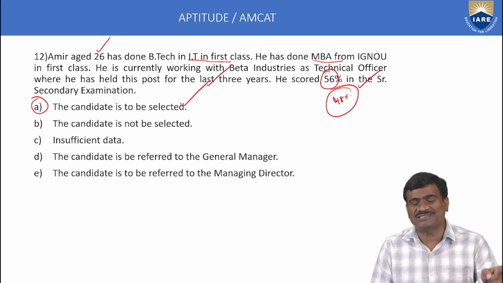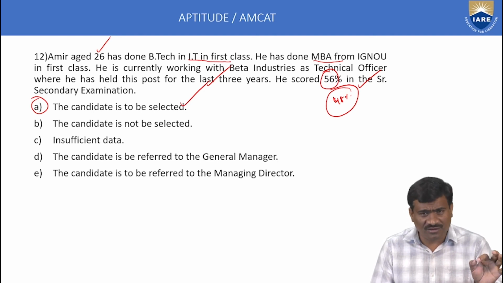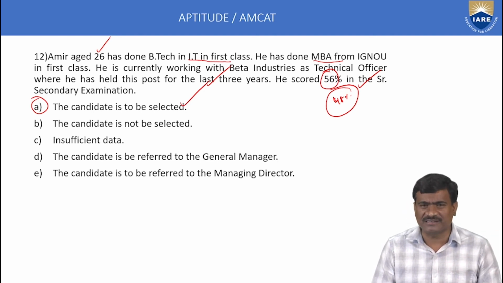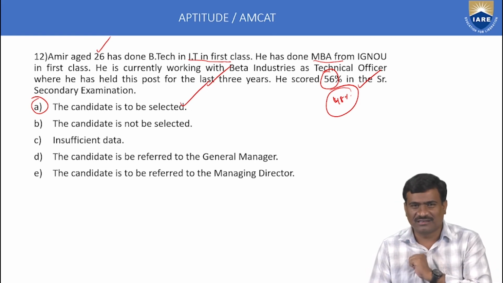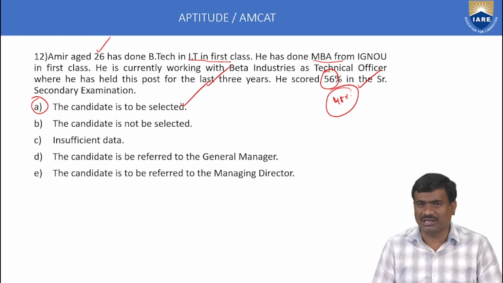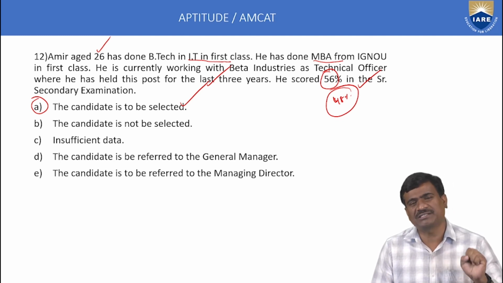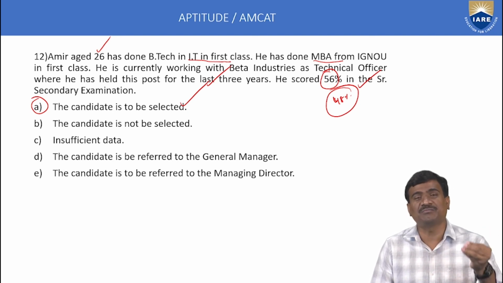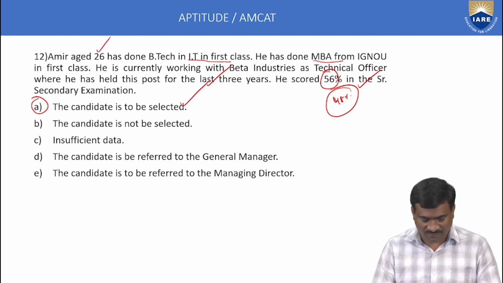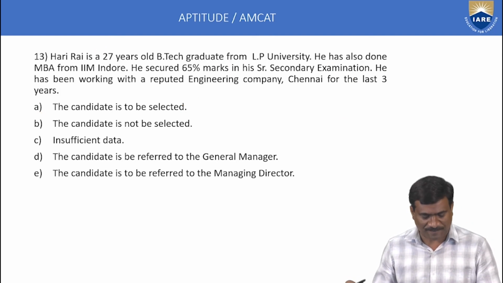If at least one statement fails in the above statements, then write the answer as the candidate is not to be selected. This is a very important example. You may write any campus placement exam or competitive exam, minimum 2 marks only, decision making topic. The 12th one is option A.